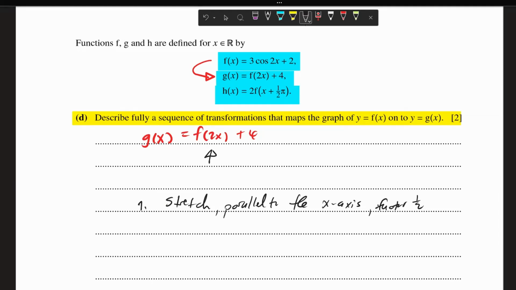That's the first transformation. And the second one would be represented by the 4. That's just a translation, a translation 0, 4, basically. So these are the two transformations that are going on right here.